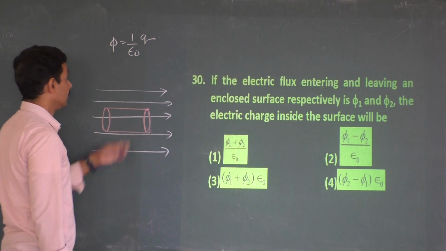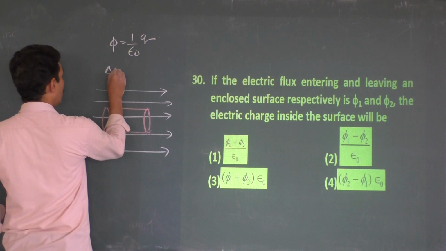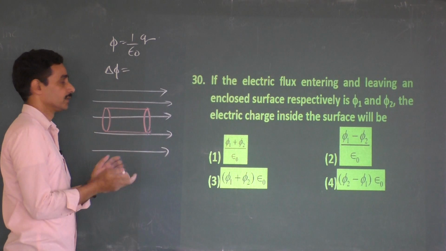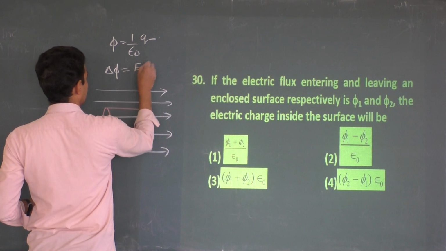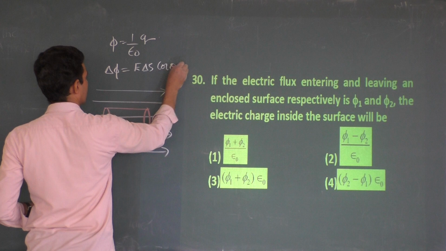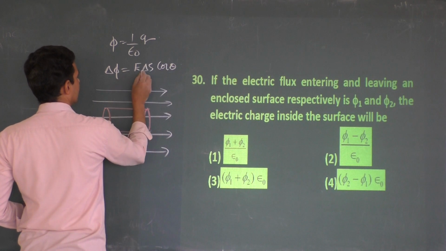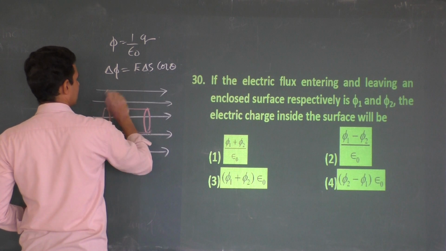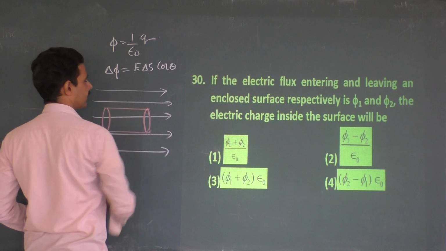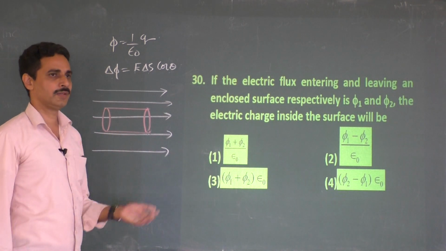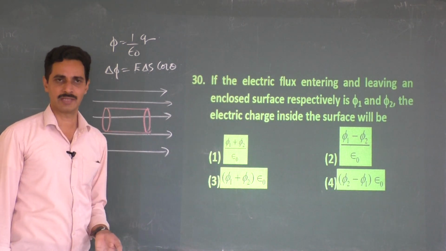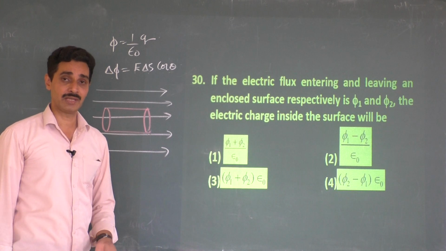Always, flux through any open surface, not closed surface, is E delta S cos theta, right? Where E and delta S are vector quantities, their dot product gives the flux. Electric field dot the surface area. How come surface area is a vector?